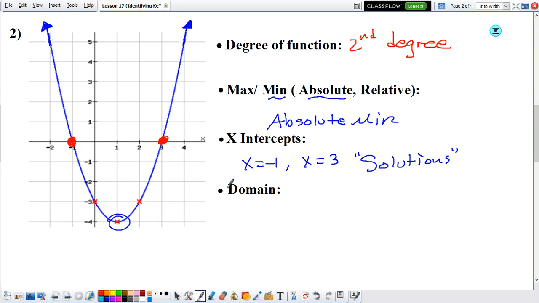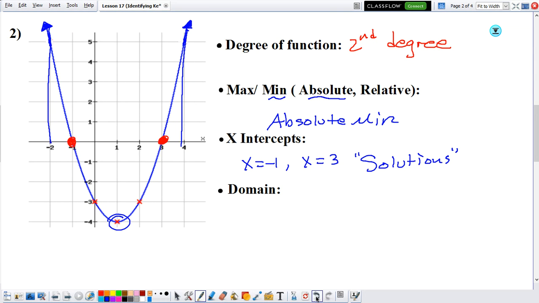Now our domain, this is where it gets tricky. We said that our graph continues going all the way up. So this is a common mistake. Your graph does not end here. Your graph is not between these 2 points, because we have some arrows which say that my graph is still going to continue all the way to the right, and all the way to the left.